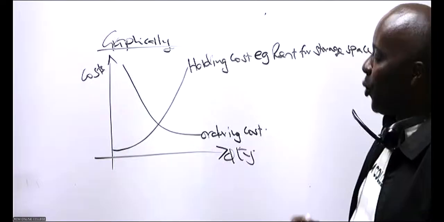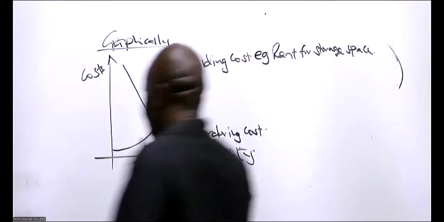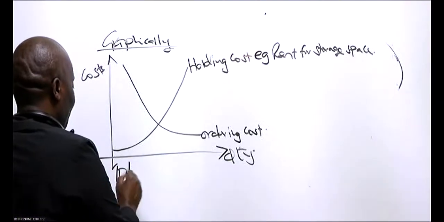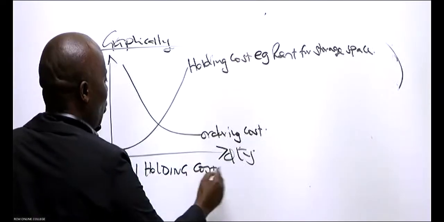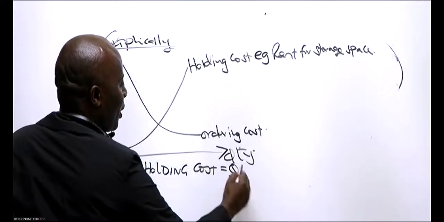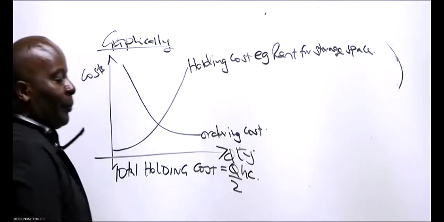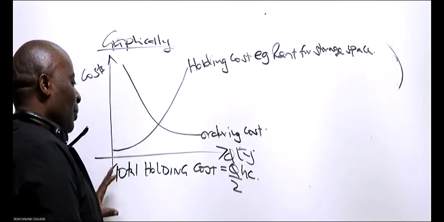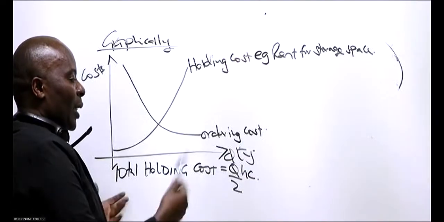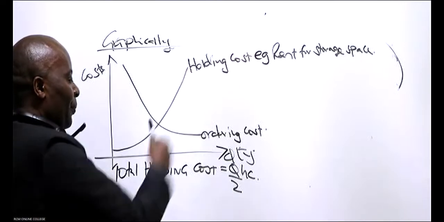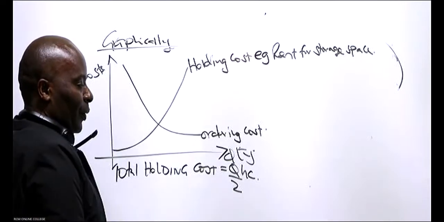Ladies and gentlemen, to get total holding cost, this is the formula we shall be using. Total holding cost. We shall be taking average stock times the HC. Anytime they want us to give them total holding cost, you can see, it's a direct expense. The more the quantity, the higher the holding cost.